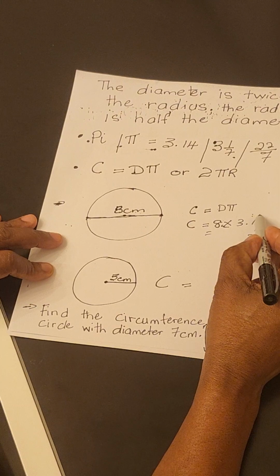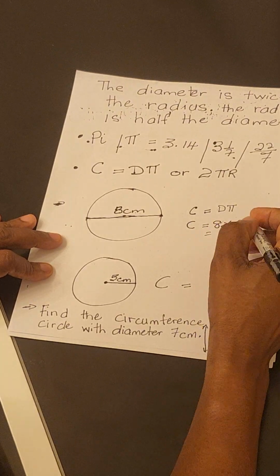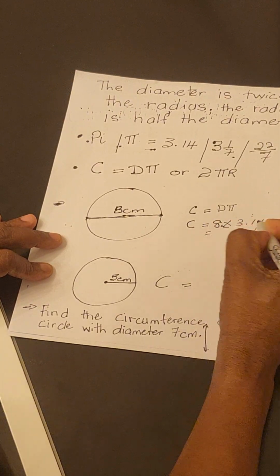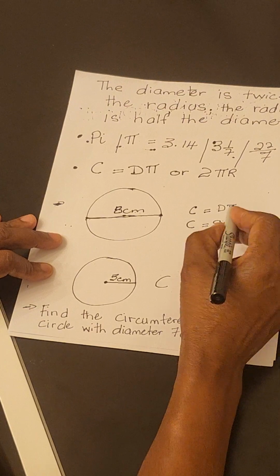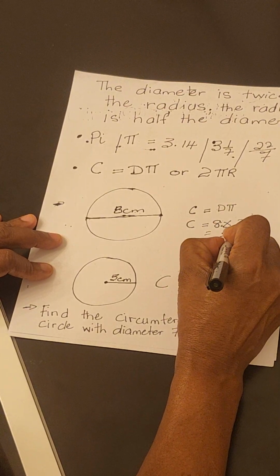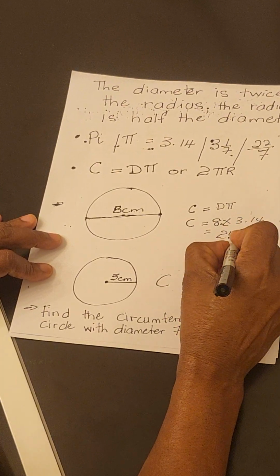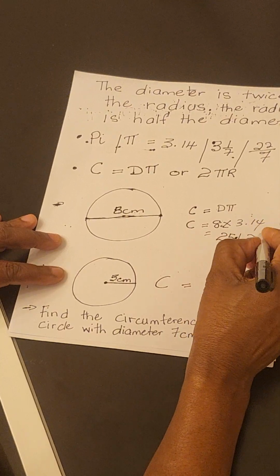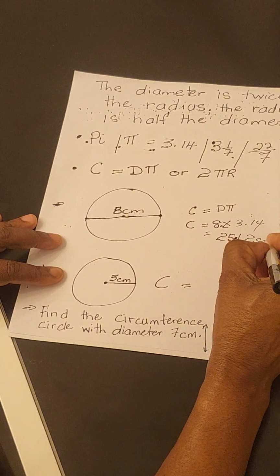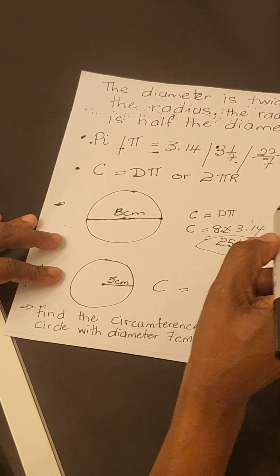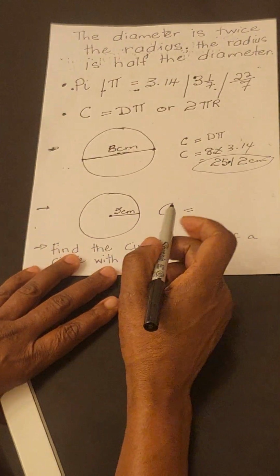Put the 2, bring the 3. 8 times 1 is 8 plus 3 is 11. 8 times 3, 24 plus 1 is 25. And you have 2 decimal places. So the answer is 25.12 centimeters.